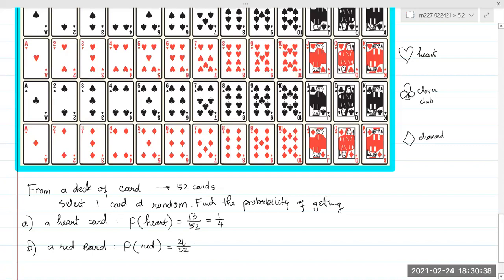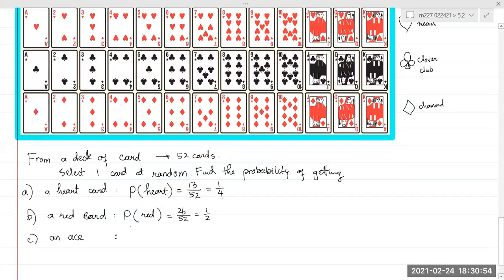When we reduce, that equals 1/2. Next, how about the probability of getting an ace? Four over 52. Notation: probability of ace, and there are 4 aces out of 52. Reduce, that becomes 1/13. That's good.